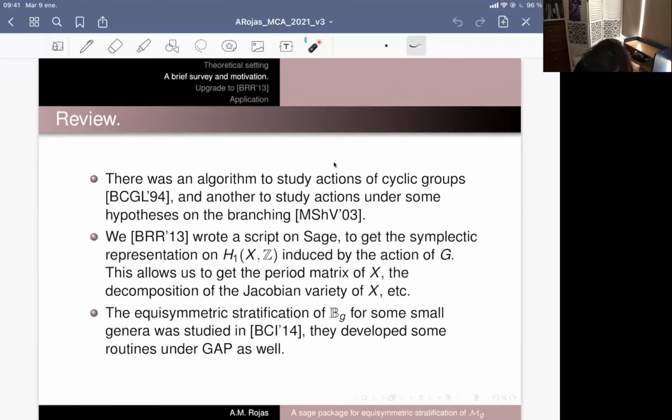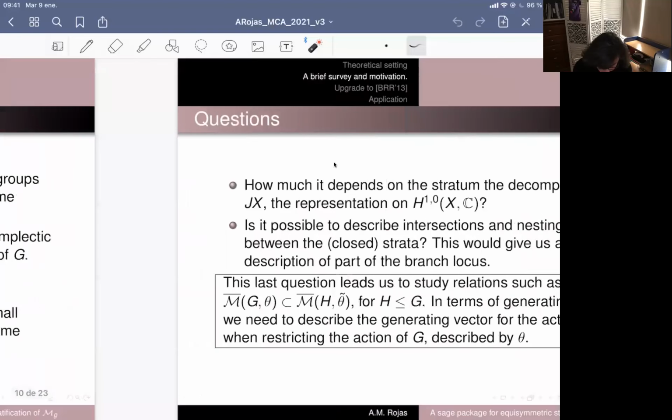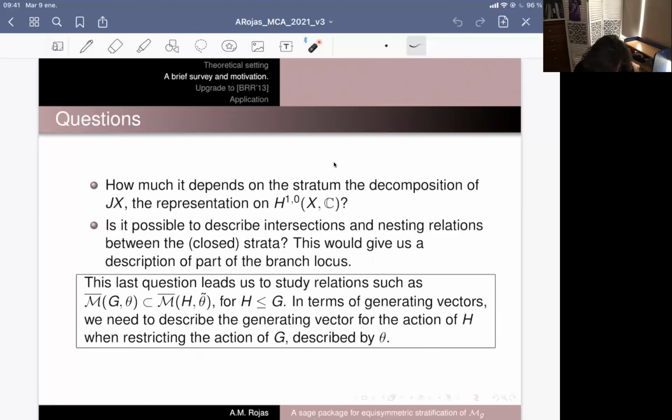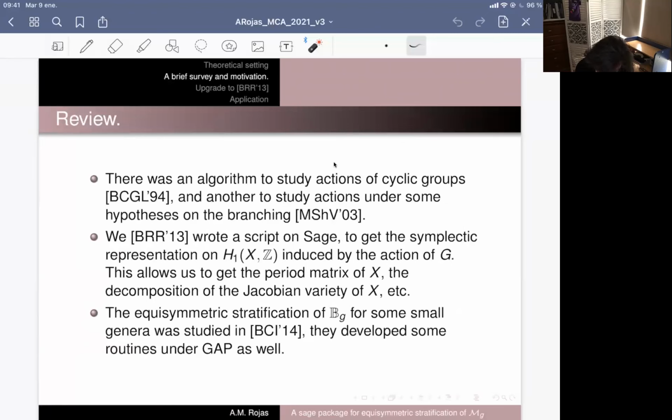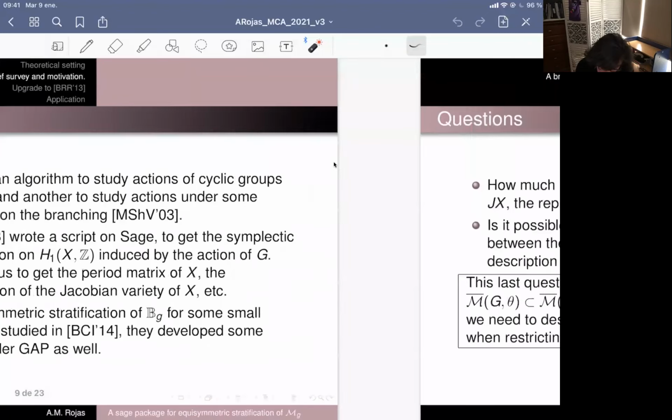The equisymmetric stratification was also studied in several works. For instance, in 2014, Bartolini, Costa, and Izquierdo developed some routines in GAP in order to study small genera, 2 and 3, maybe 4. So the thing is that we want to improve this and generalize to higher genus, because several questions arise from these stratifications.